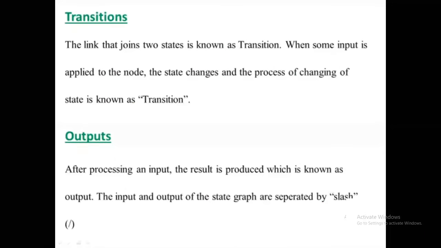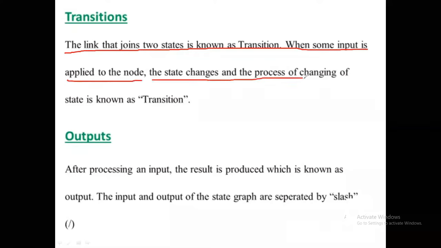So next one, transitions. The link that joins two states is known as a transition. When some input is applied to the node, the state changes, and the process of changing of state is known as transition. Already we discussed this.